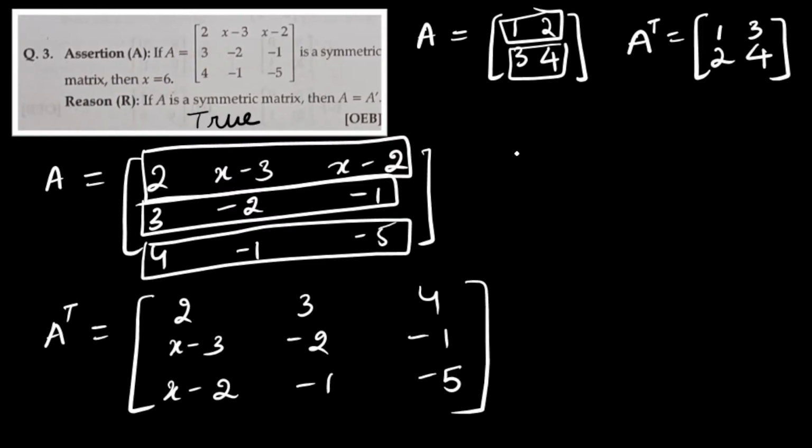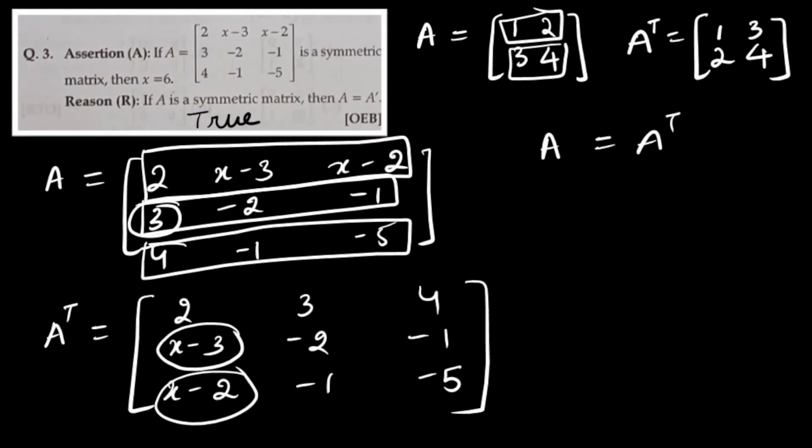So now they are telling they are symmetric. That means A is equal to its transpose. So the corresponding elements should be the same. This element should be equal to this, and this should be equal to this. Let's check what X value we get. X minus 3 should be equal to 3, so here I am getting X value as 6.